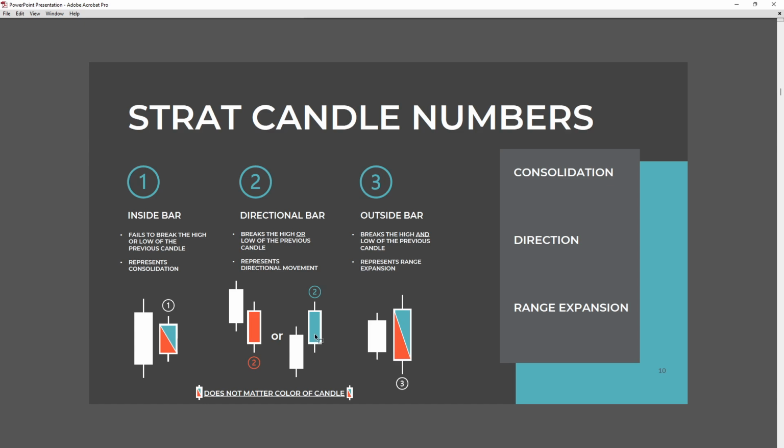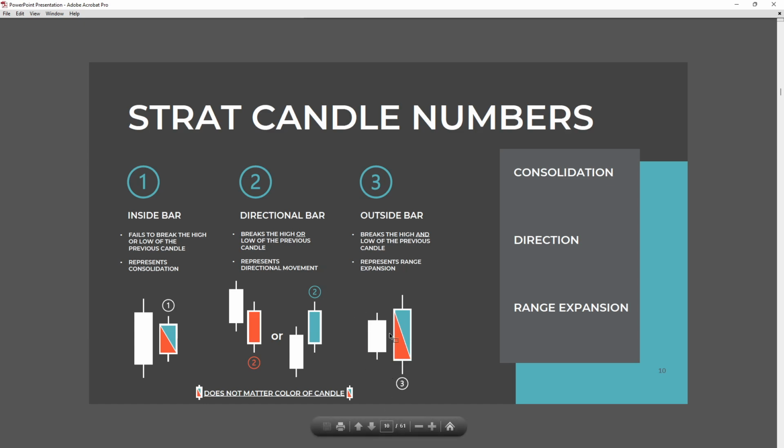But anyways, so the three is directional, and the 50%. You've got to ask yourself what type of two it is. Is it a two with a wick, like a hammer or shooter candle? In which direction is it headed? Even though it's a two, it could be a two up, above the previous candle, or down below. But you have to ask yourself where the body is versus where the wicks are.